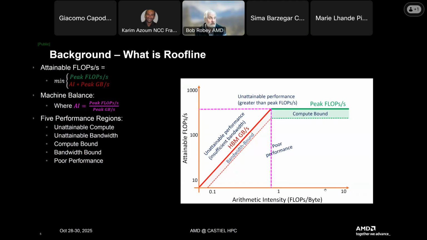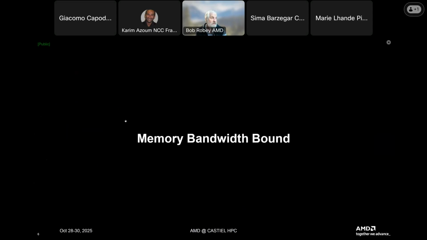For example, peak flops could be using the matrix unit, or it could be using vector double precision or single precision, and so you don't want to compare it to a peak performance that you can't achieve. So we have those unattainable regions, and then these regions where we get limited by bandwidth, compute bound, or poor performance is when we're below those lines.